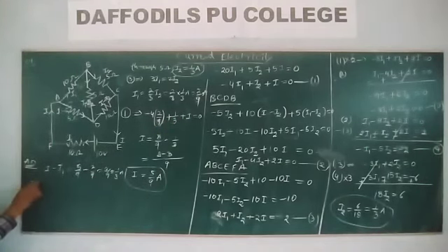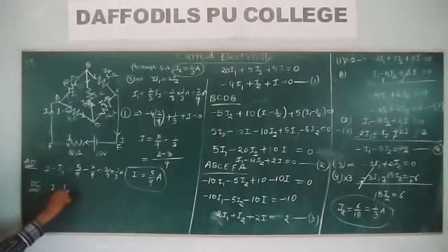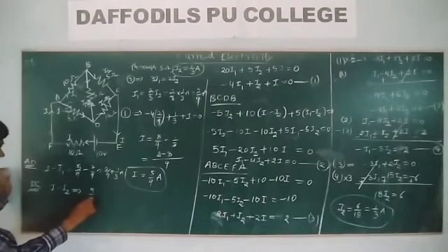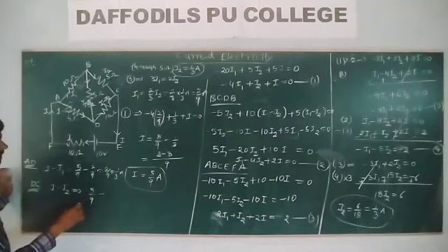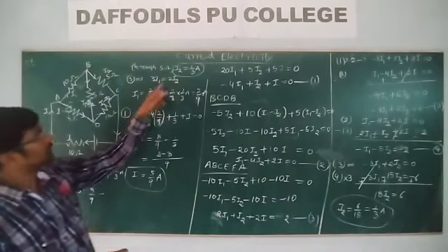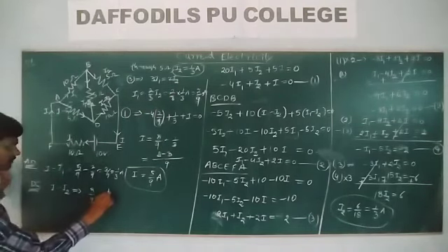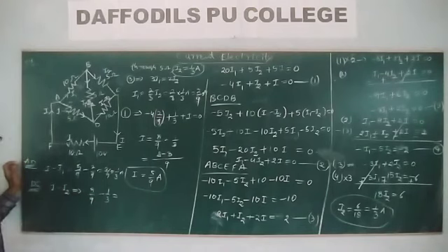Similarly, for DC, what is the current? I minus I2. I value is 5 by 9 minus I2 value, which is 1 by 3 ampere.